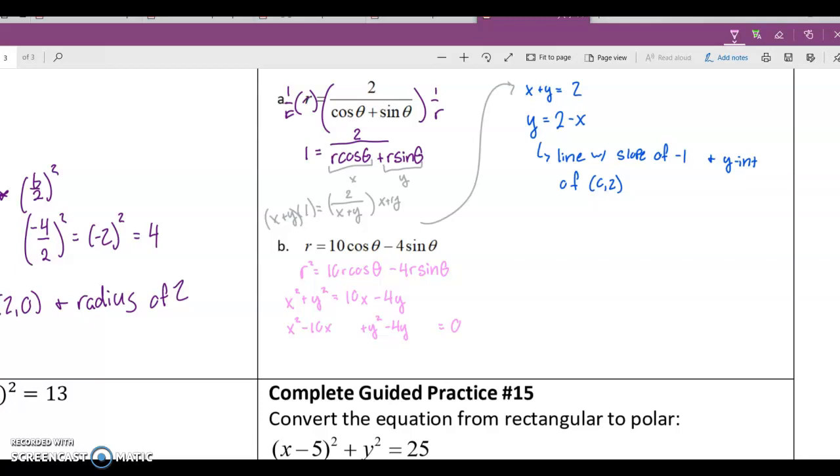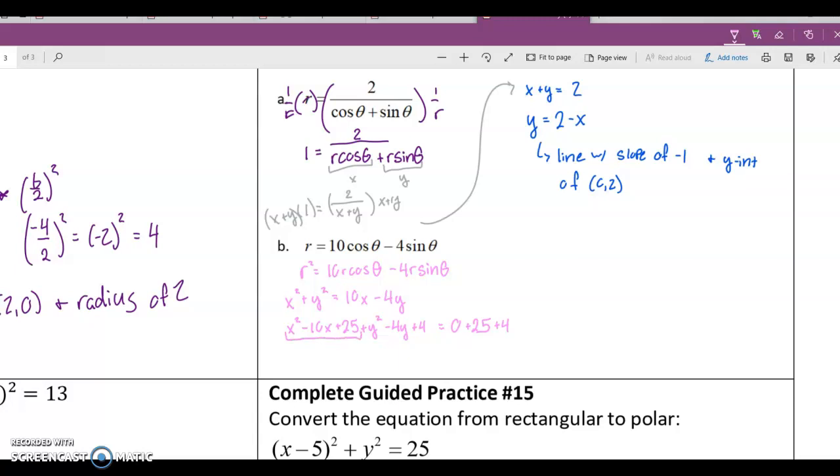So we take -10 divided by 2, which is -5, square it, which gives us 25. Remember, we need to add 25 to this side as well then. And then here, our b term is -4. So we take -4 divided by 2, -2, square it, +4, and add 4 to this side as well.